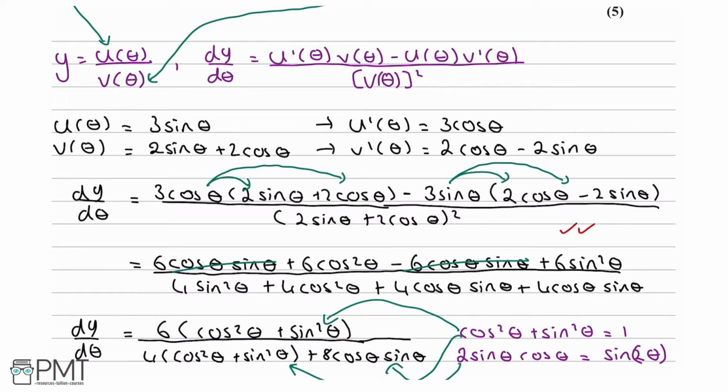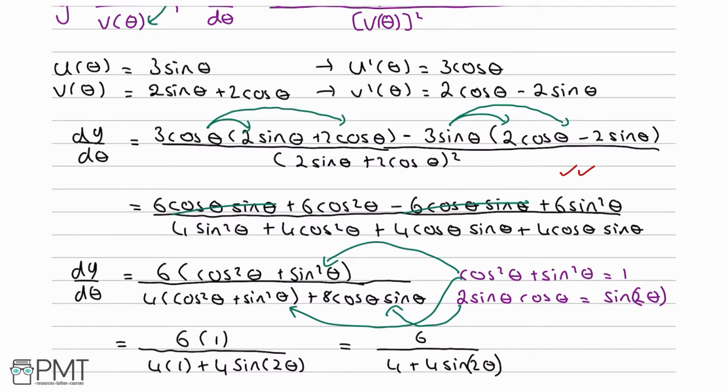Right. Your third and fourth mark are sort of together, in the sense that you need to use cosine squared theta plus sine squared theta equals 1 and 2 sine theta cosine theta equals sine 2 theta correctly to get a representation of dy by d theta in terms of something like this.